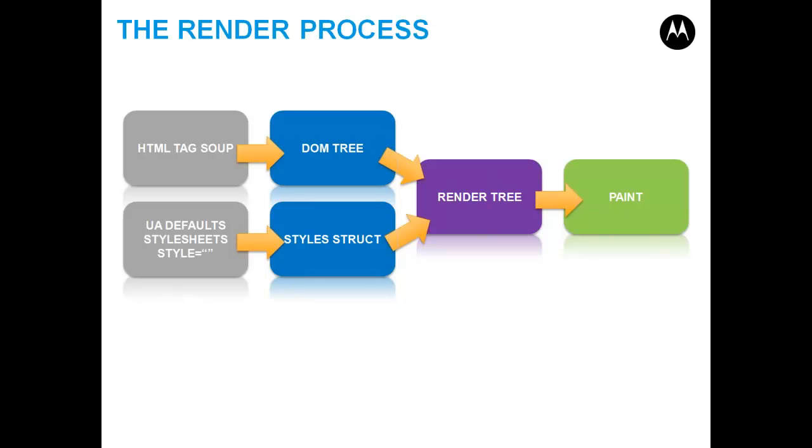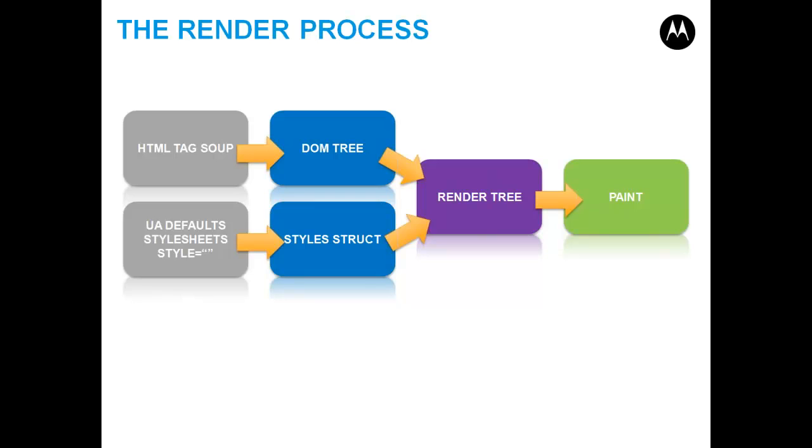First of all, we have the HTML tags that define the document structure, the DOM tree. I think we all know what the DOM tree is, and that's your page layout. Then we have our style sheets and our user agent defaults, and the combination of these two produces the render tree. The render tree is what's visible. You may have elements in your DOM which are hidden, display none, and those aren't in the render tree.